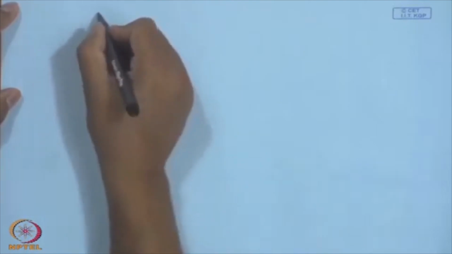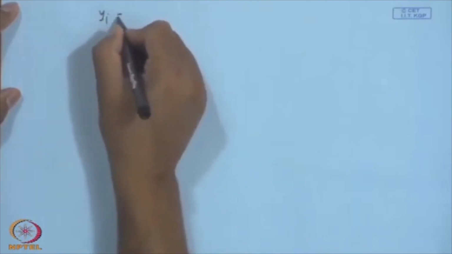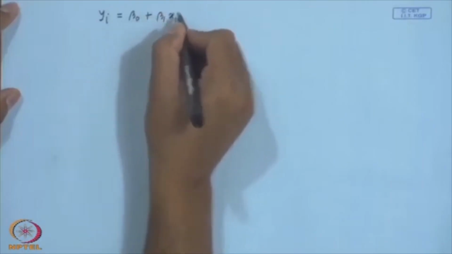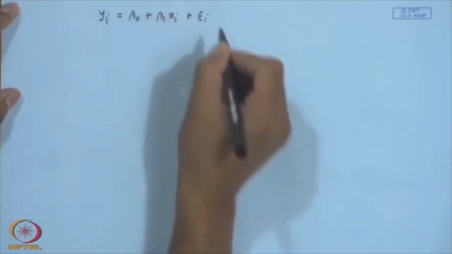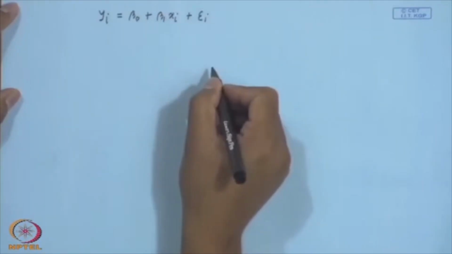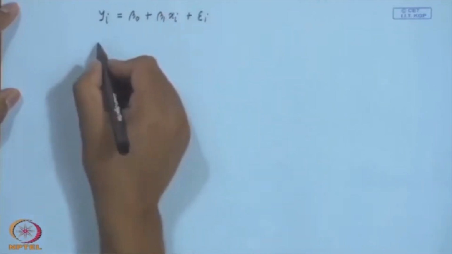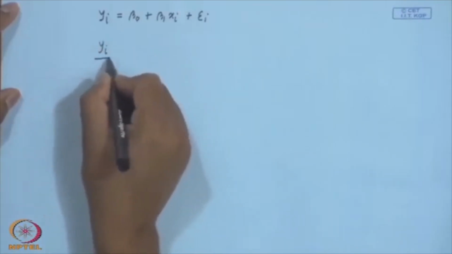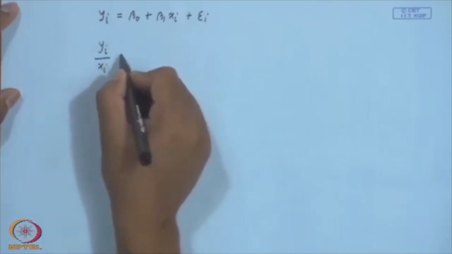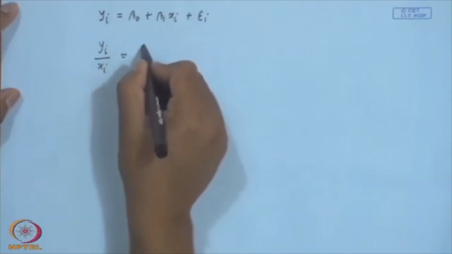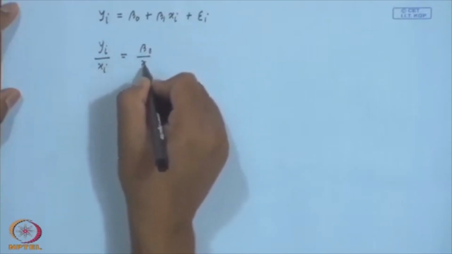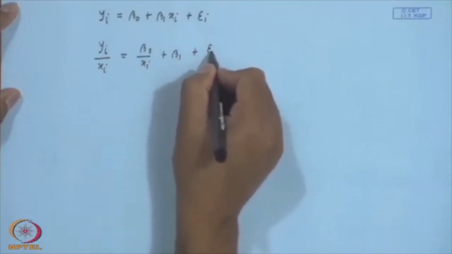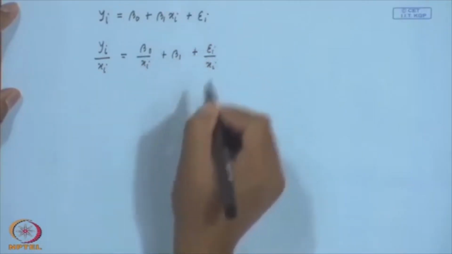So, we start with the model y_i equal to beta naught plus beta 1 x_i plus epsilon_i. Then I am considering the transformation y_i to y_i by x_i, and then the model becomes beta naught by x_i plus beta 1 plus epsilon_i by x_i, right.